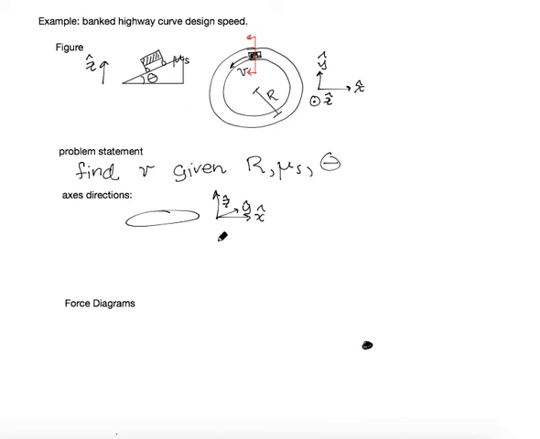And then we've got the rotating frame. You get the y hat and the x hat. This would be the r hat, going around. Looking at this picture, this would be r hat.